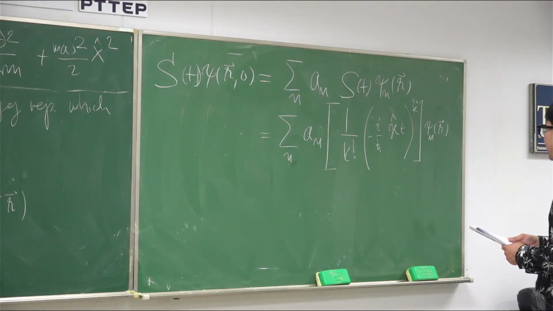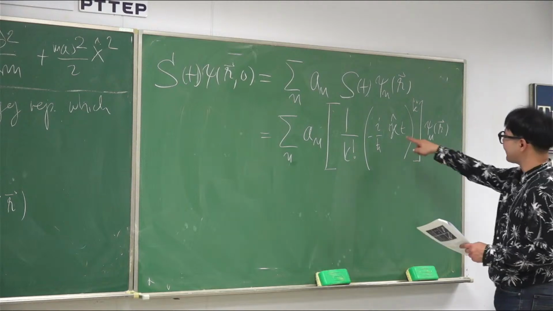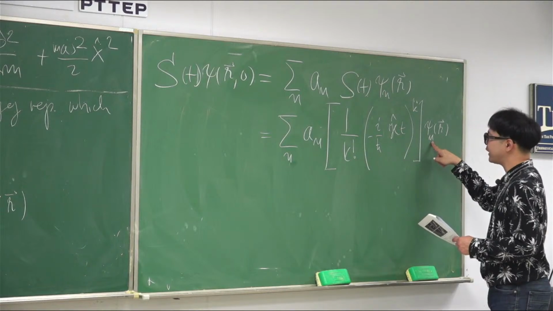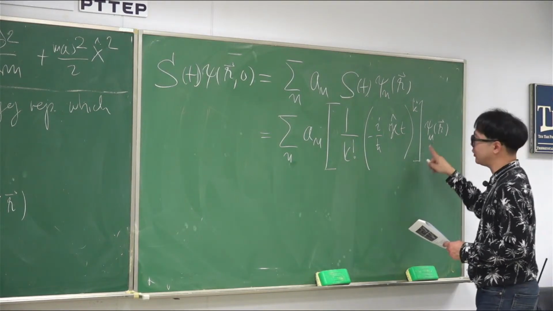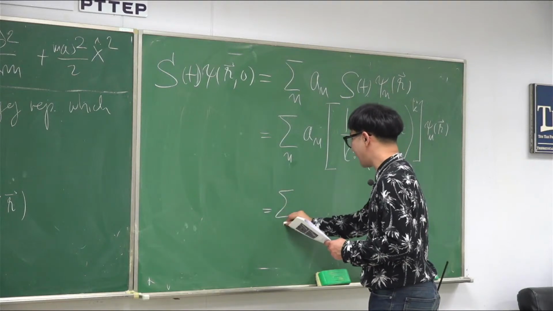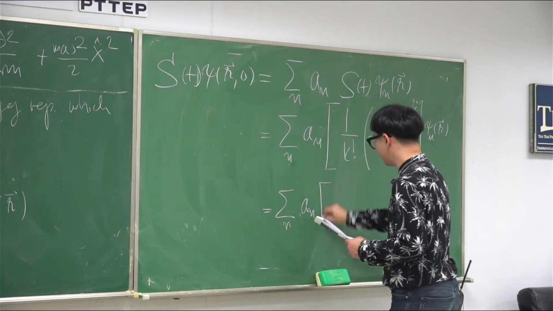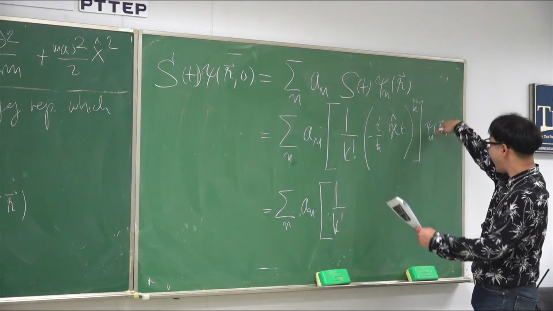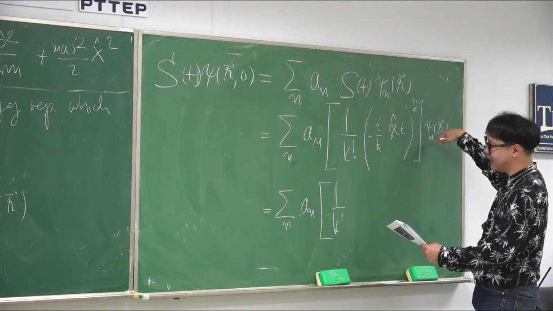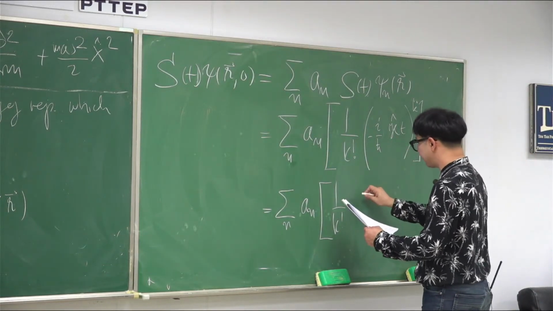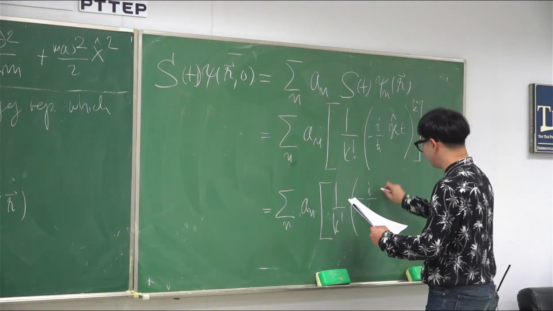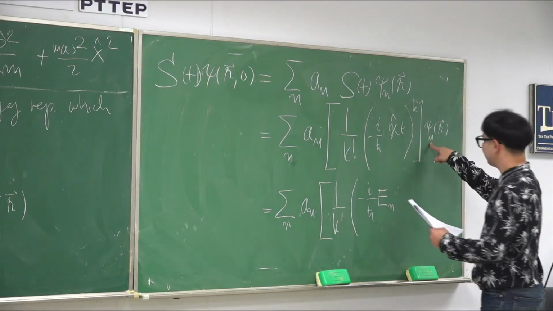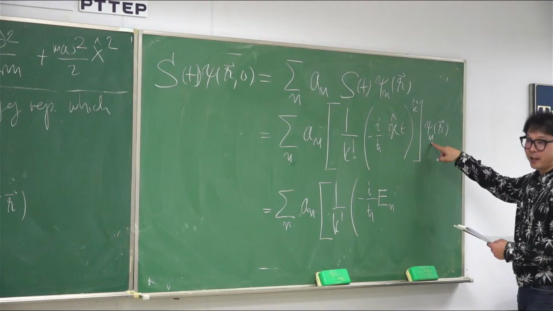Since this is the Hamiltonian operator, when it acts on this it gives the eigenvalue. You have to put this in the series and act on this function to get E out of this. Finally you get E here, which depends on which state you're acting on, right?